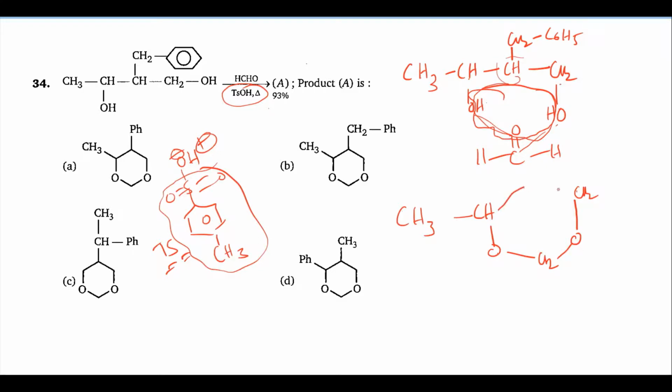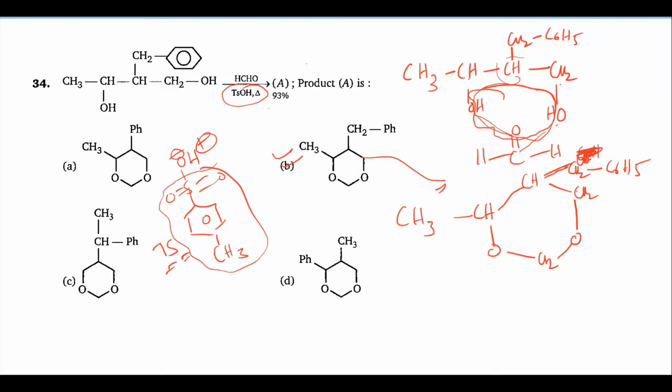It is like this. Again this CH is connected to CH2, C6H5. So what is the correct answer for this? You can see here this side methyl group is there, B is correct, this and this are the same.